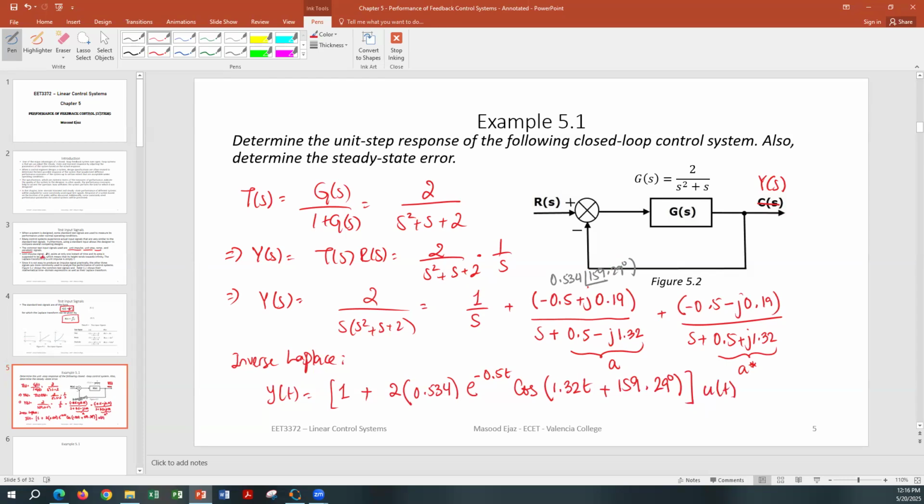This we did in chapter number, I believe, 2, one of the Laplace transform pairs that we discussed. I did the whole derivation, and then we deduced this result.